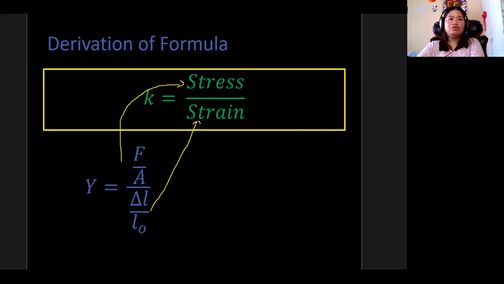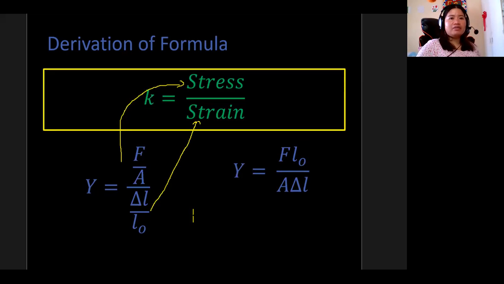But now, to simplify the formula, this is what we get. So how did we get this part? Remember that when you are dividing a fraction by another fraction, you need to multiply it by its reciprocal.